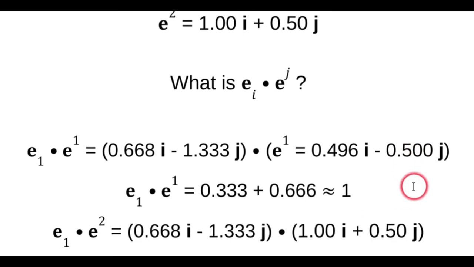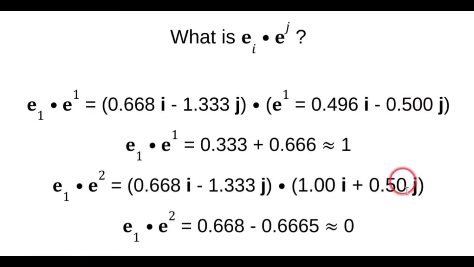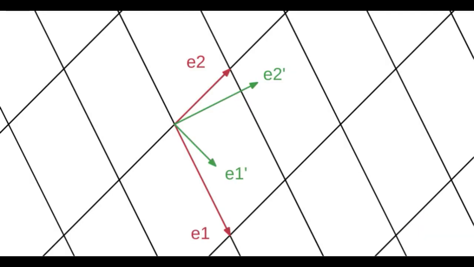Well, what is E1 dot E2? It's equal to 0. Well, what does that tell us? Well, what that tells us is what we expected to happen. If you tilt your head a little bit to the right, you'll see that this E1 contravariant basis vector is orthogonal to the covariant E2. Do you see that?